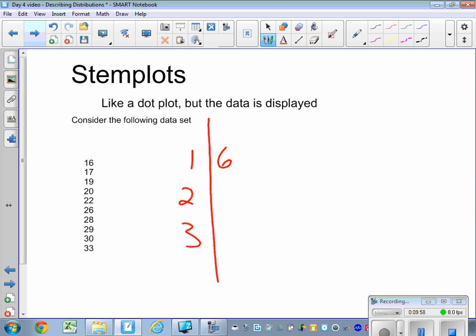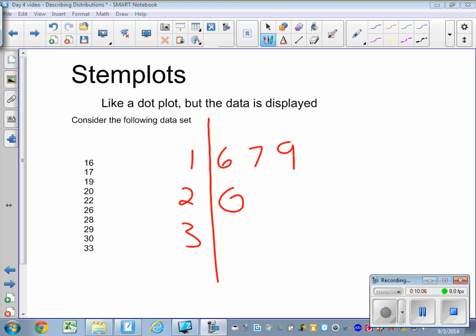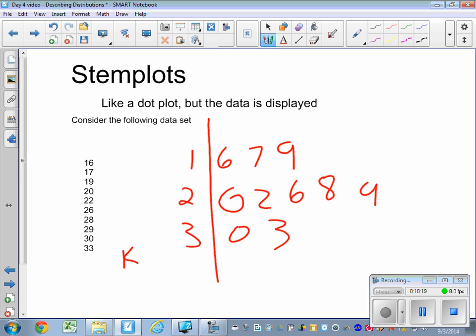And then I'd write a 7 for the 17 and a 9 for the 19, and putting in the rest of the values, we get this. It's like a dot plot, but on its side. We also would need a key. We'd say 1|6 equals 16, so that we can describe how this works.